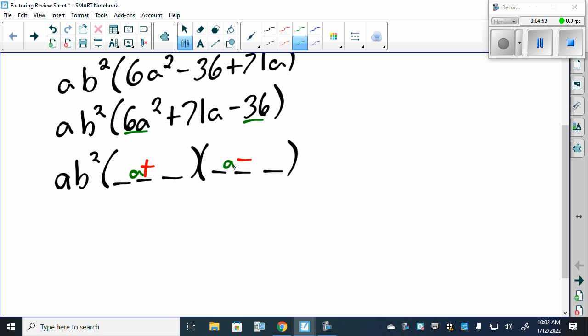Now, the factors of 6 are 1 and 6, or which one do we want to start with? 1 and 6, because the middle term, 71, is pretty big. So we can go 6 and 1, or 1 and 6, because again, we're going to check this in the end.